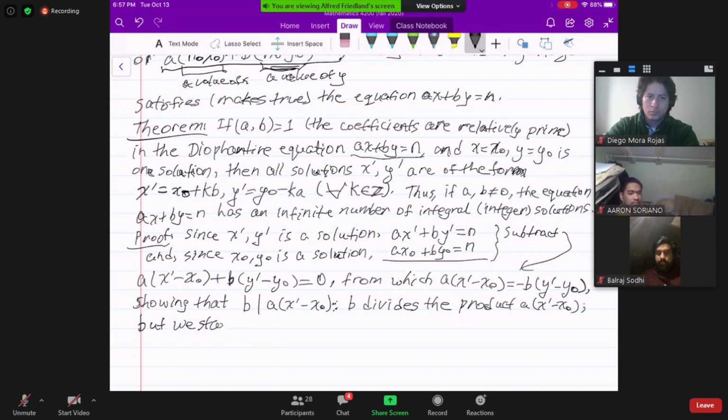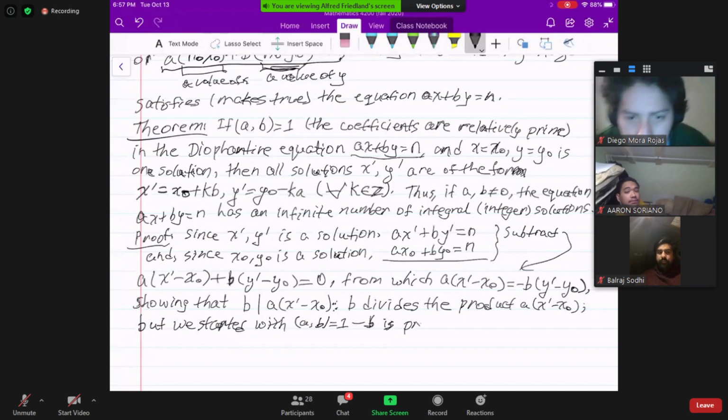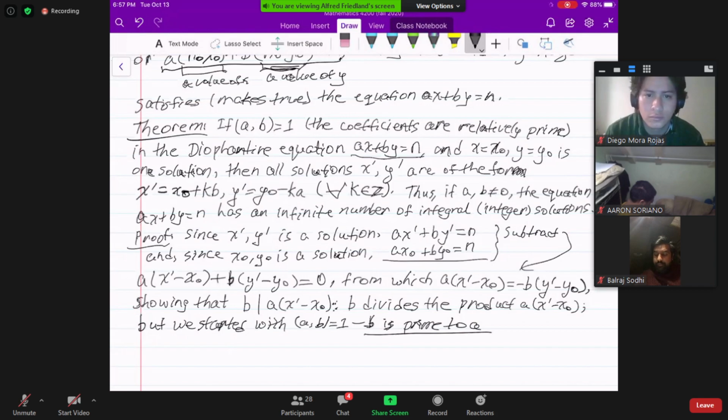But we started with, over here, look where it says theorem, a comma b is 1. B is prime to a. That is, the greatest common divisor is, it says it right here in the hypothesis, the greatest common divisor is 1.